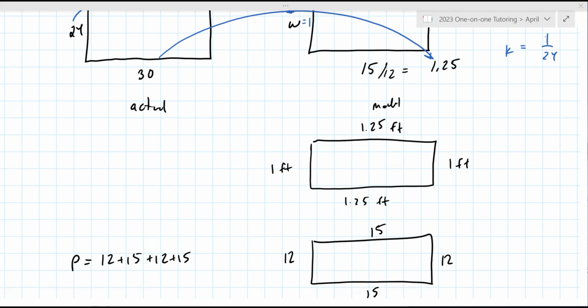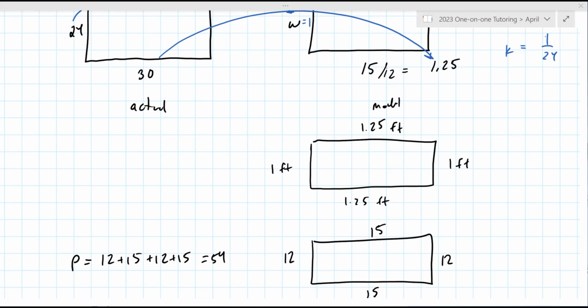What do you get for that? 54. 54 inches, perfect. All right, so let me go ahead and submit that.